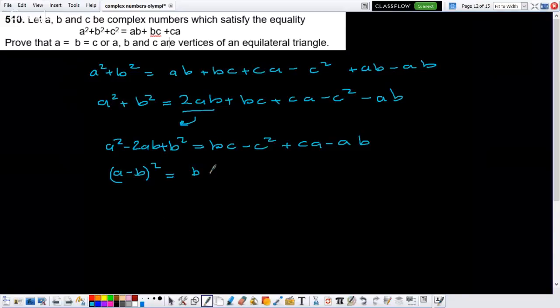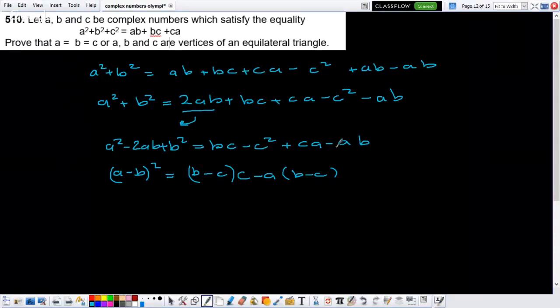b minus c times c plus c minus, or minus a parenthesis I will get. Then I will get the b minus c again. If I get plus a parenthesis, it will be c minus b.